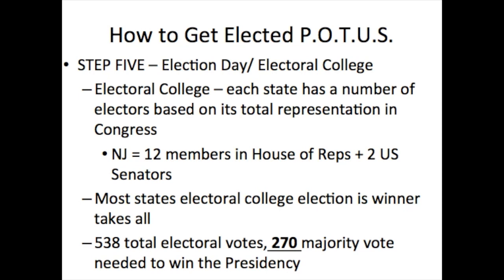Now, what's really fun is that the Electoral College is winner-take-all in almost every state. So let's just say candidate A in California gets 5 million votes. Candidate B has 5,000,001 votes. Only one more person voted for candidate B. Oh, geez, that's a very small number.